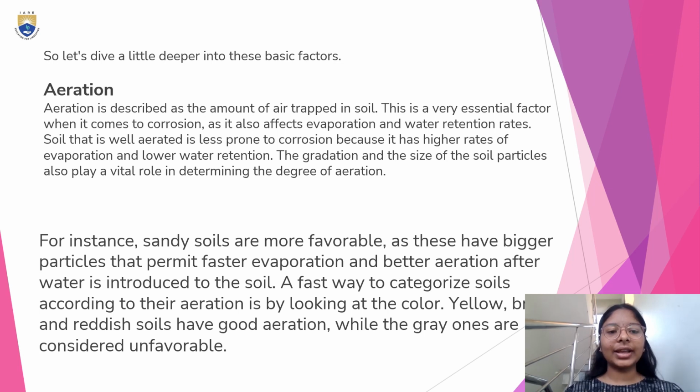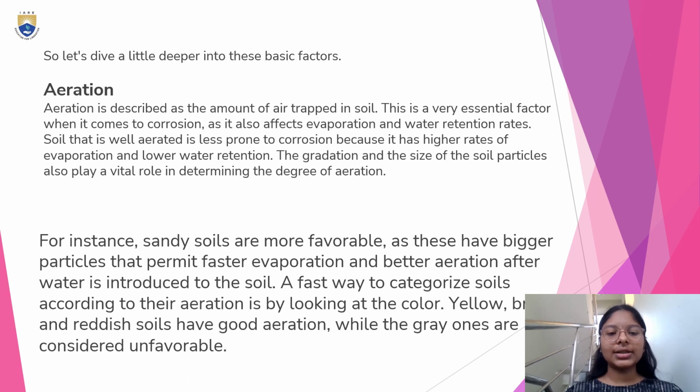Soil that is well aerated is less prone to corrosion because it has higher rates of evaporation and lower water retention. The gradation and the size of the soil particles also play a vital role in determining the degree of aeration. For instance, sandy soils are more favorable as they have bigger particles that permit faster evaporation and better aeration.